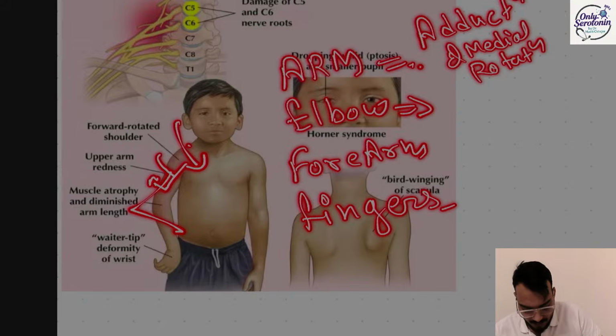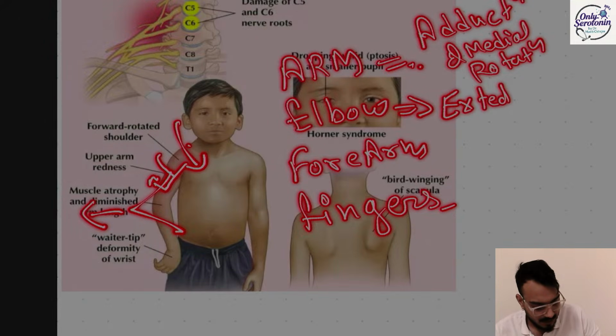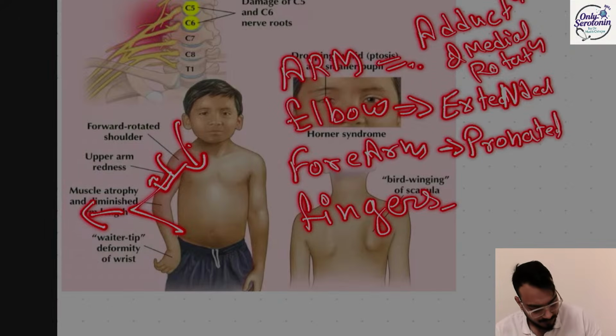What about the elbow, guys? This elbow is going away, right? This elbow is getting extended. What about the forearm, guys? Forearm is going to have pronation, pronated forearm. Last is fingers. Fingers will be flexed fingers.